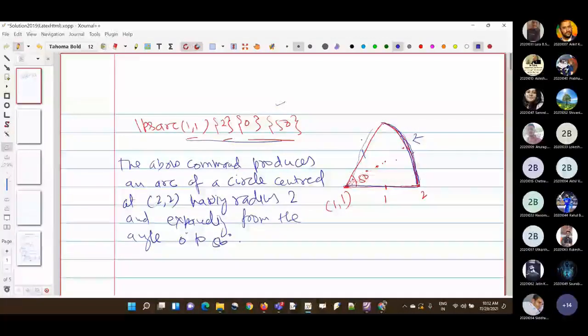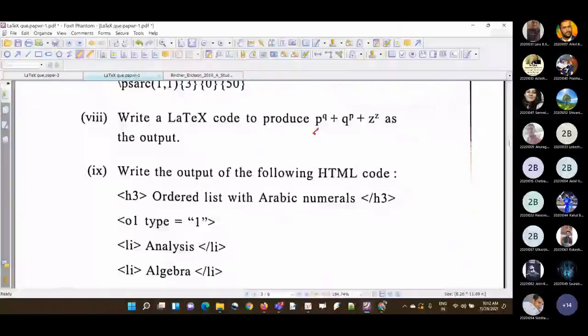You can use double dollar, and in it write p with exponentiation, then q plus q to the power p, then plus z to the power z. Or if you don't want to use double dollar, you can use single dollar also.